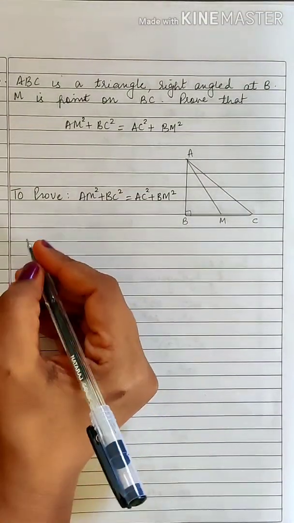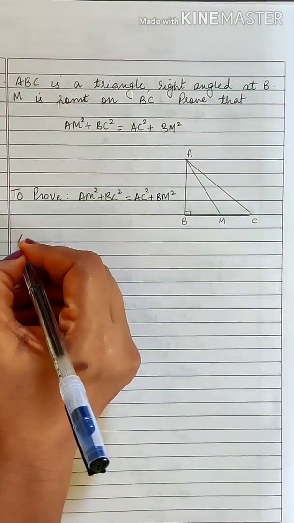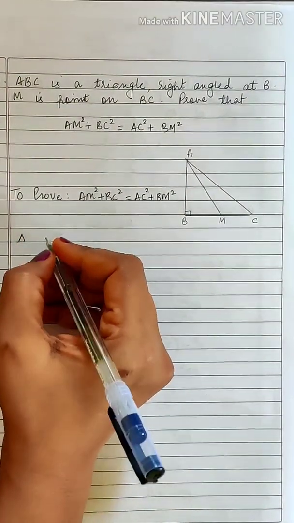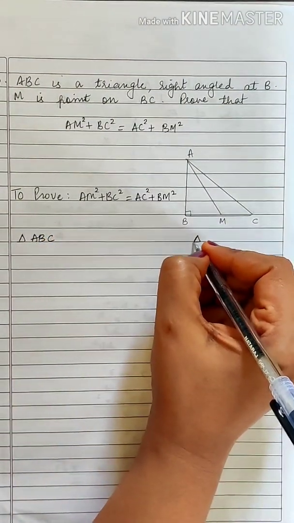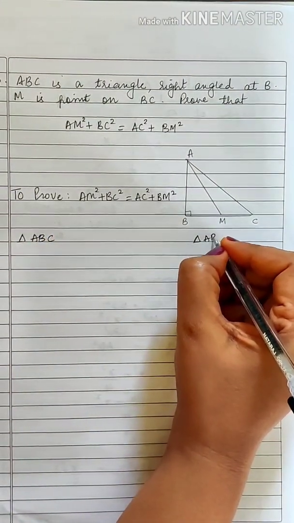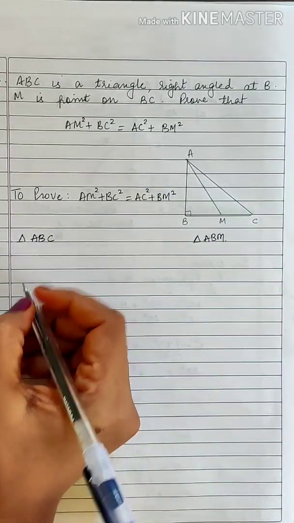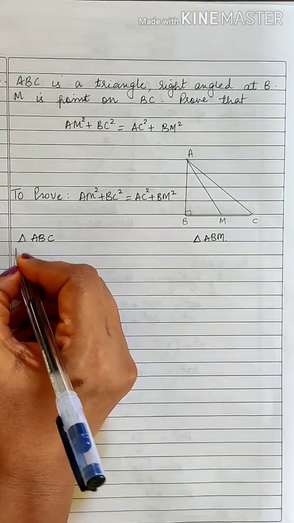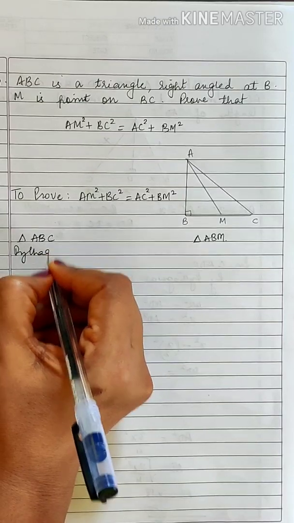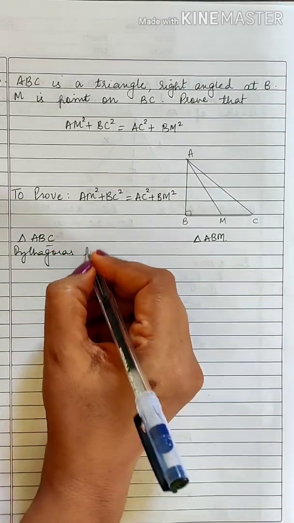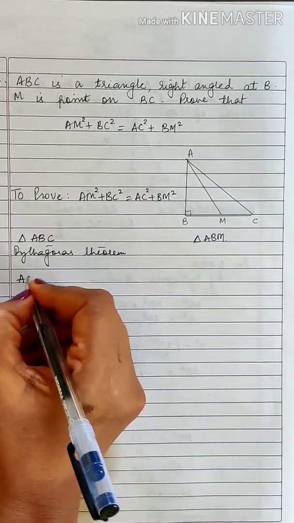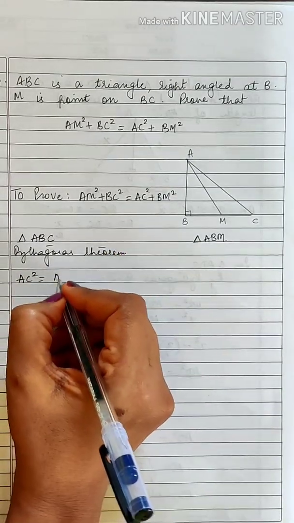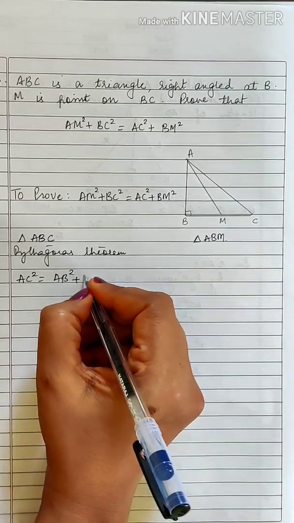So we will apply the Pythagoras theorem for both the right angle triangles. First triangle ABC and the other one is triangle ABM. Now in triangle ABC, by Pythagoras theorem, you get AC square is equal to AB square plus BC square.